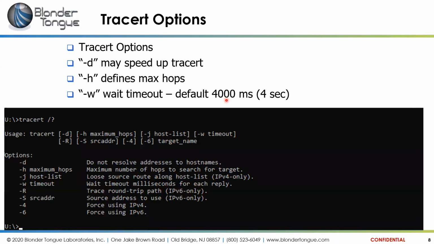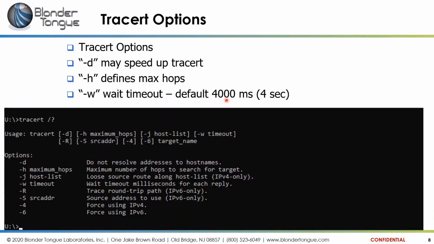Again, there are the options for the traceroute command. So we do tracert, and then the IP address or the host name, and then -d would be do not resolve addresses to host names, so it would speed up the trace a little bit by not telling you the host name for every IP address that you go through.